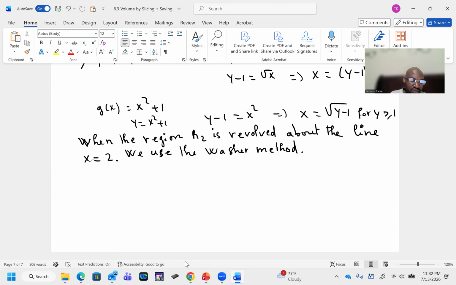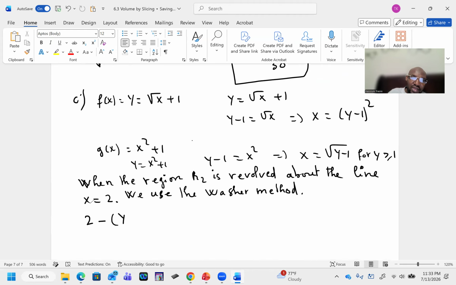So now when the graph of f is revolved about the line x is equal to 2, the radius of the typical point at y will be what? 2 minus y minus 1 squared, which would be my f of y.